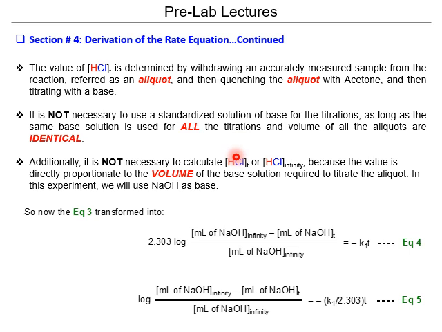hydrogen chloride. So the final equation will be: log of milliliters of sodium hydroxide used for the infinity solution, minus milliliters of sodium hydroxide used for titration of HCl at time t, over milliliters of sodium hydroxide used for titration of HCl in the infinity solution, equals minus K1 over 2.303 times t.